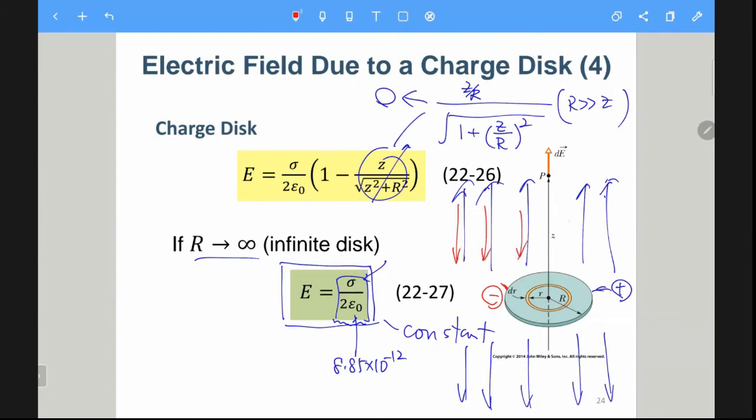The E field will be pointing to the plate. Just follow what I mentioned yesterday, the electric field lines. So now you can try to understand why the electric field lines are like that. So it generates a uniform E field over the whole space.